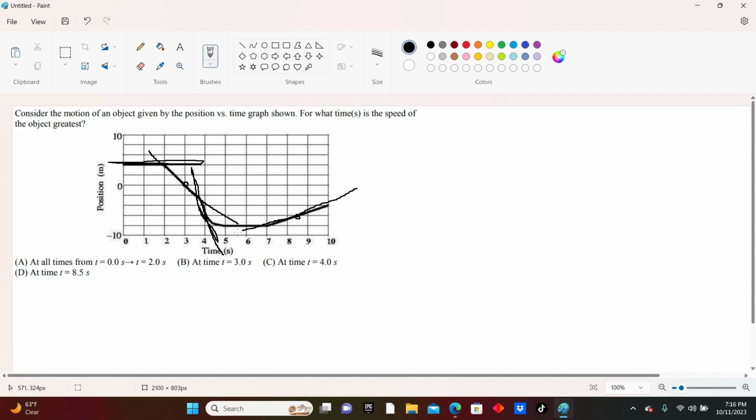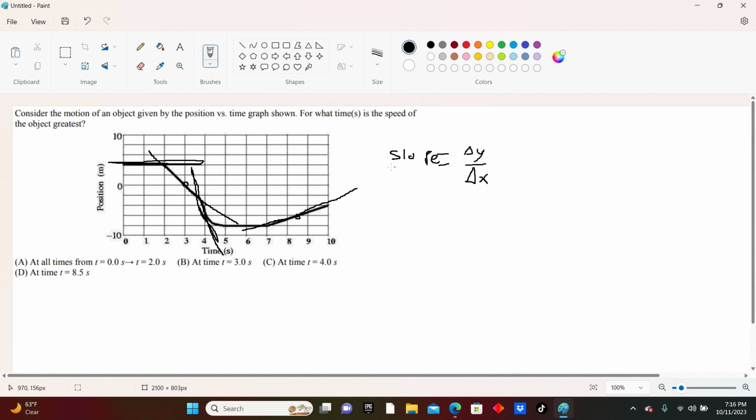Notice how it says speed, so we won't be considering whether the velocity is negative or positive. We'll simply be looking at the magnitude, and whichever slope has a greater curve towards the vertical is going to be the greater speed, because the slope is just equal to change in y over change in x.